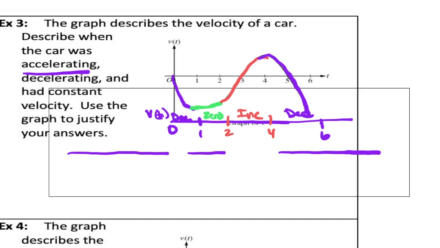So look for all 3 pieces. Since the velocity is increasing, here's the interval, then the car must be accelerating. Since the acceleration equals 0, the intervals or points for which this happens, and then what that means: your velocity is constant. So you need all 3 components in order to answer the question completely.